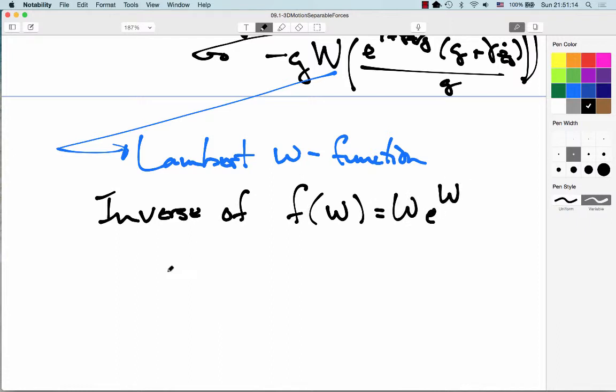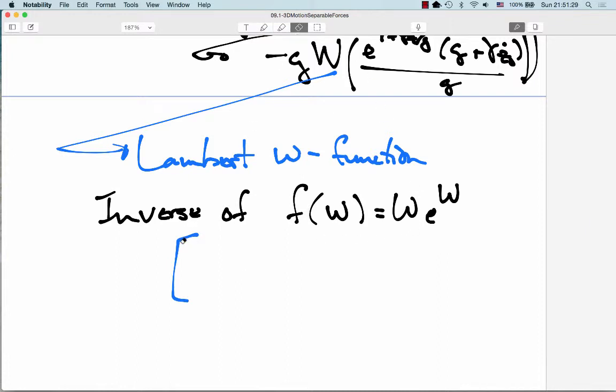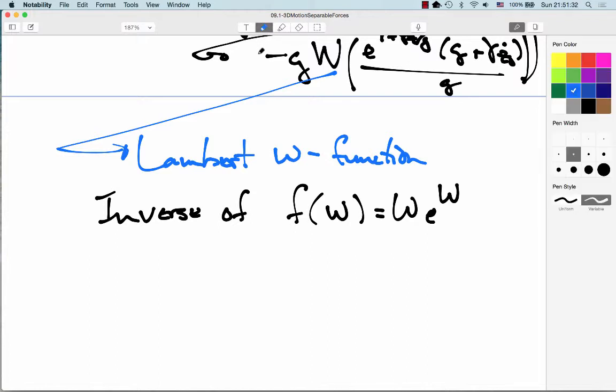So think of an analogy: the natural log is the inverse of e to the x, and this is the inverse of x e to the x, if you will. This is not a function that can be written in analytic form, but you can look it up in tables. In fact, it's a transcendental function. So anyway, I'm sorry, but it's something that you can look up in tables.